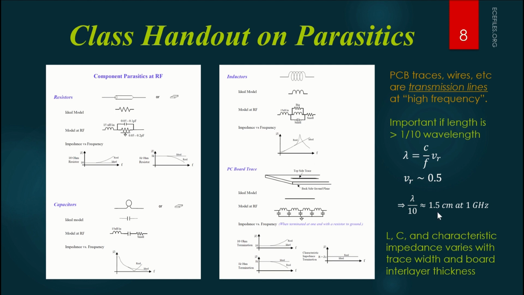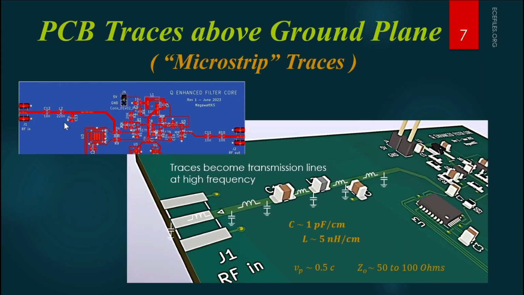Or if you're working at lower frequencies, say 100 megahertz, then this would be 15 centimeters, and something like this trace right here, I probably don't have to treat as a transmission line. This is a 100 megahertz filter I was designing, and this is only a couple of inches. I'd only have to worry about it if it was, say, 5 or 10 inches long.